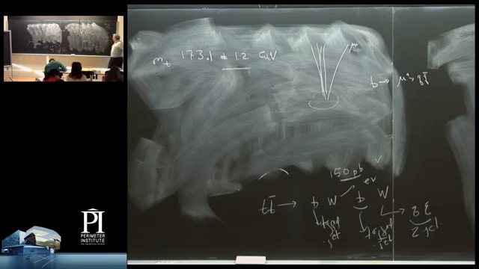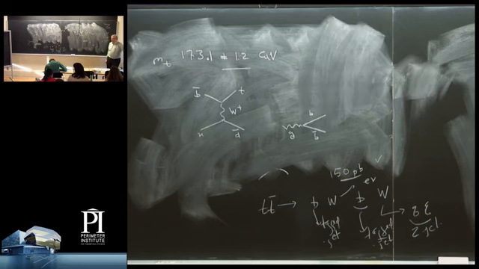For example, if you look at doubly B-tagged events and look at the 2 jets that are not B-tagged, or if you look at 4-jet events and pick the 2 jets that are, by some measure, most likely to come from the W, and you plot them up, indeed the distribution peaks at the W mass. And so there do seem to be W's in those events.